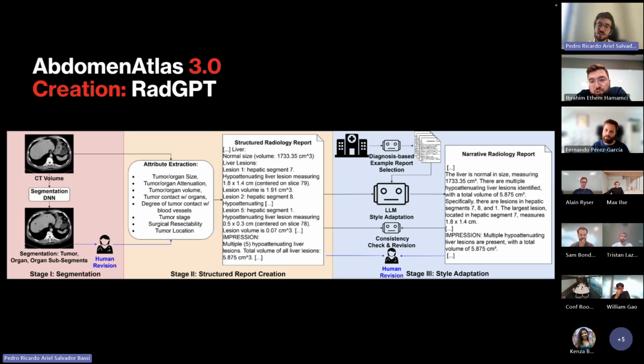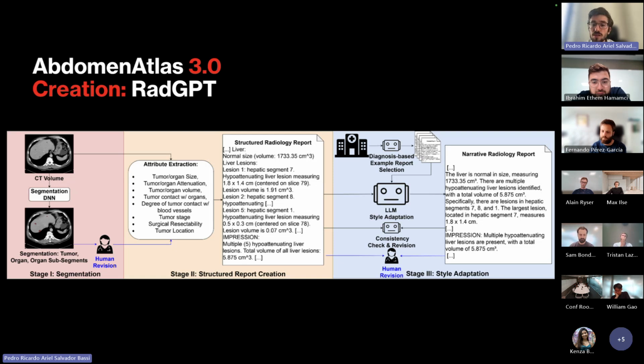And then we needed to create the reports. In other words, we needed to translate the tumor segmentation masks into radiology reports, into language, into text. We could have tried to use AI to do this, but we wanted to really ensure that the information in the radiology report really matched the information in our ground truth segmentation.